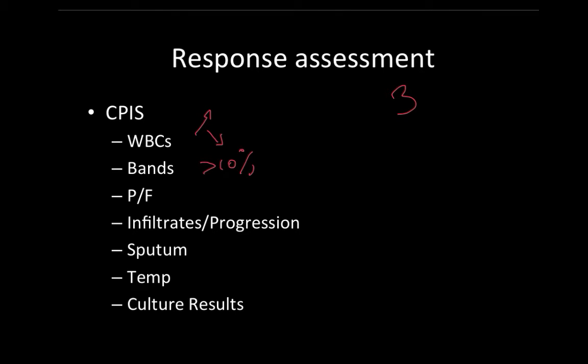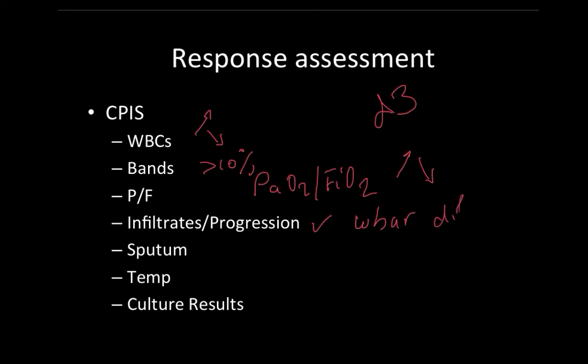If the PaO2 to FiO2 ratio is calculated, if this is increasing, which is better, or if it's decreasing, which is worse. And you want to look at a chest x-ray. This is on day 3, chest x-ray, to see if the infiltrates are progressing, or if they are stable, if they are lobar, or if they are diffuse.